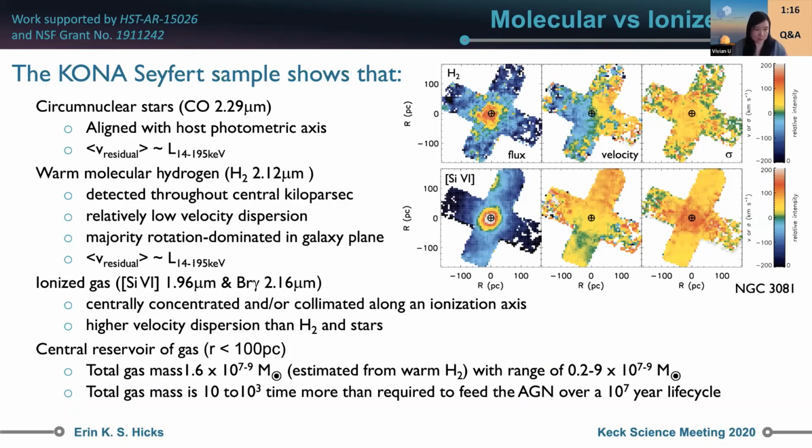Lee Armus is wondering if you can say anything about the variations in the stellar ages in the center via the CO band heads and how this might compare to the outflows. I would love to be able to say yes to that question. Unfortunately, no, we don't see any significant variation with the signal to noise that we have with the CO band heads. That detailed analysis is not one that can be done for the whole sample.